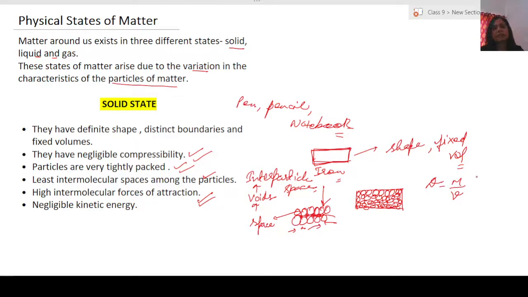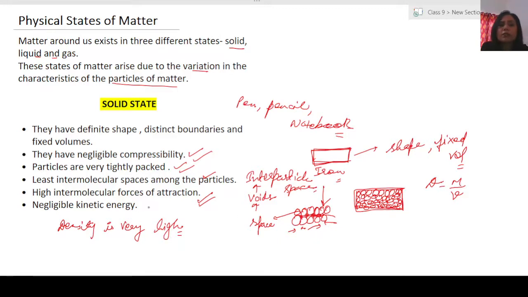It is a tight arrangement of particles in a space, or you can say how tightly they are packed in a space. So in the case of a solid, you are seeing that in this space the particles are very closely packed. So of course the density is very high. Density is very high in the case of solids because they are very tightly packed.